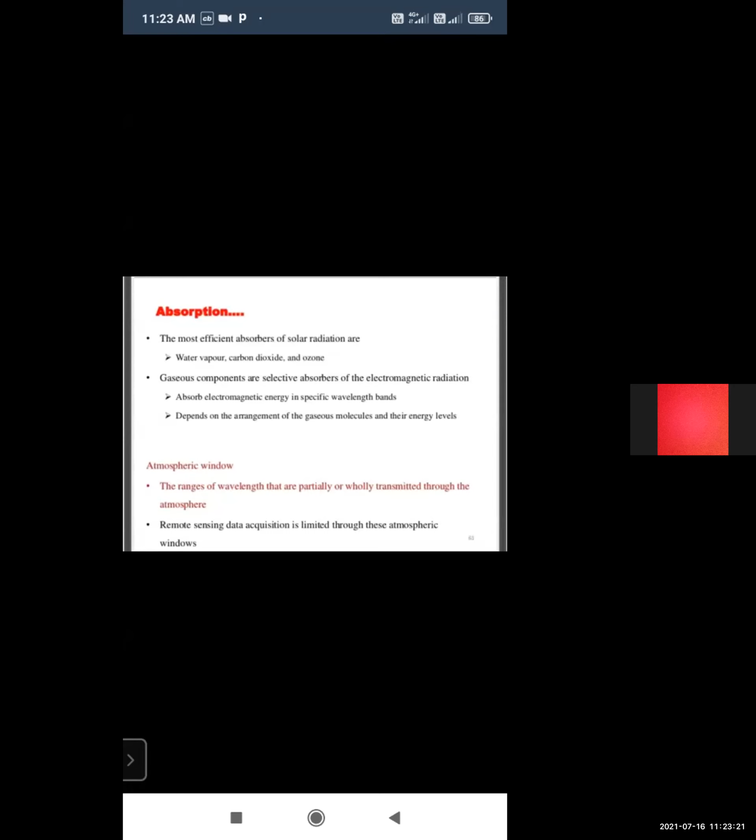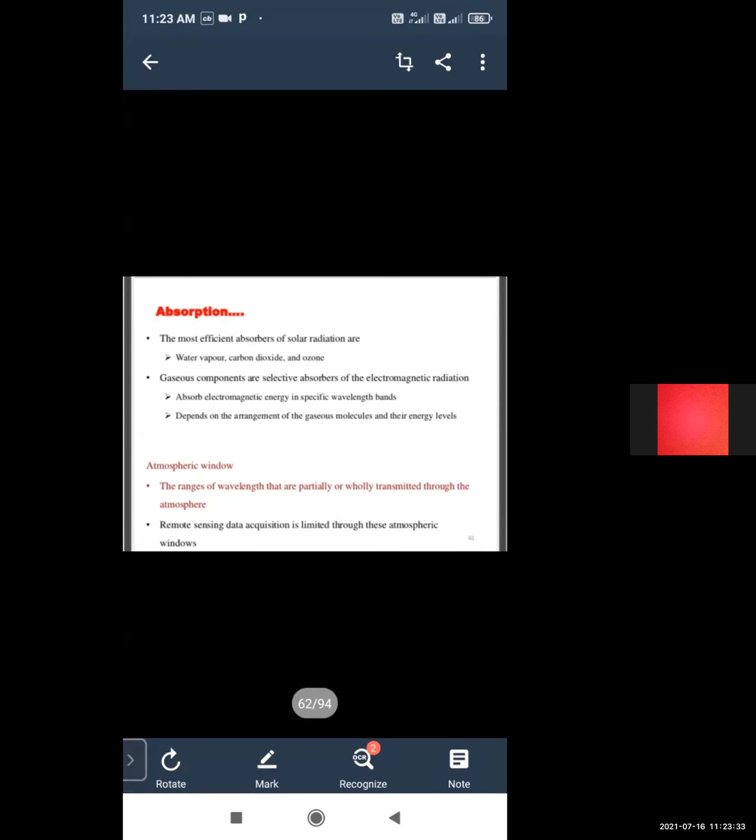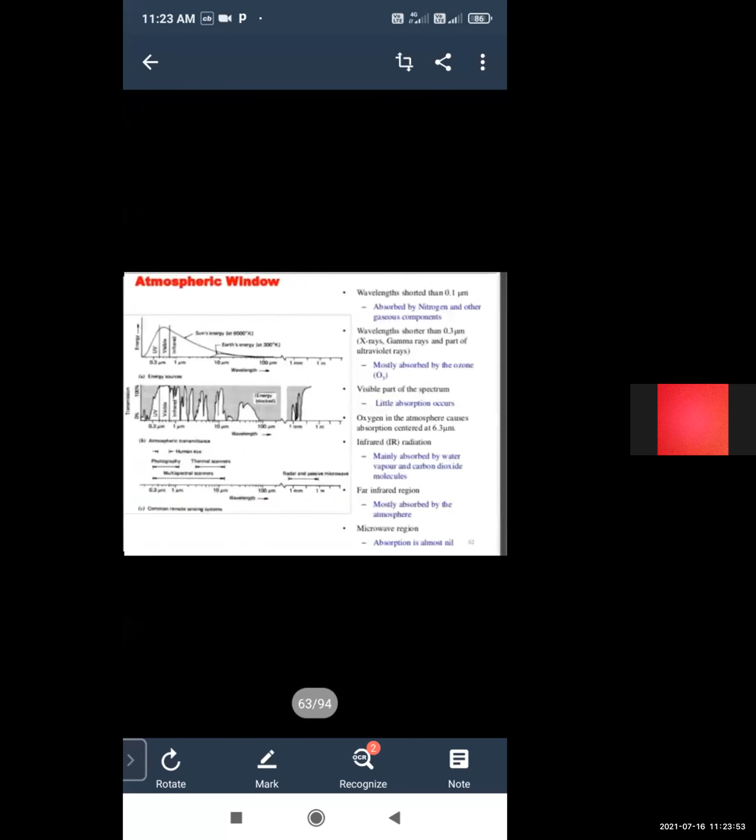Similarly, the atmospheric window is present and works in remote sensing systems. So what is the atmospheric window? The range of wavelengths that are partially or wholly transmitted is called the atmospheric window. Remote sensing data acquisition is limited through these atmospheric windows.